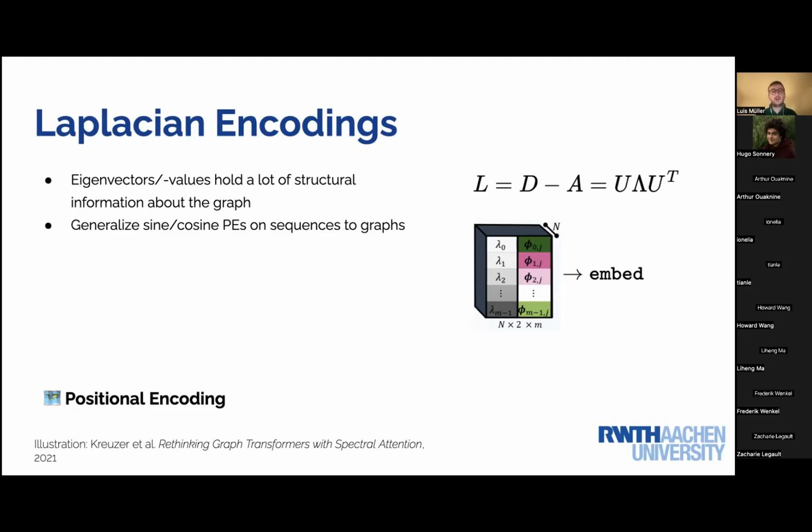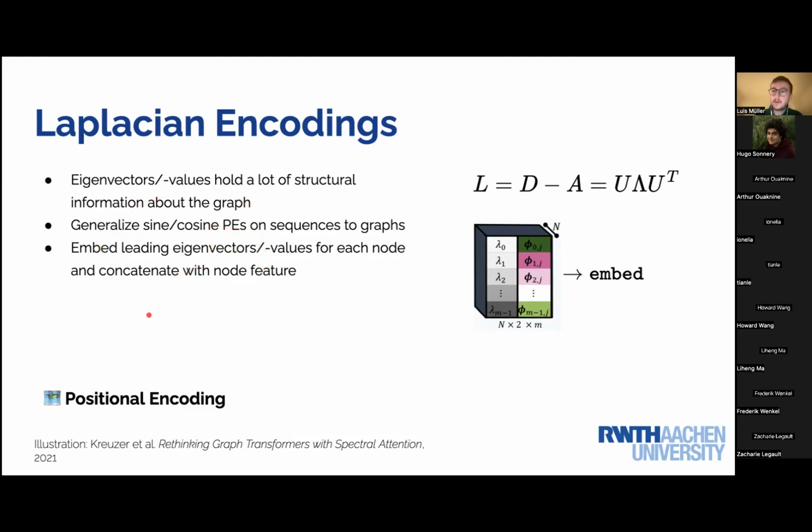And there's also a paper showing that Laplacian encodings naturally generalize the sine and cosine positional encodings that we know from language or vision. Yes, so this is just another description of what we're doing. We're embedding the eigenvectors and eigenvalues as a positional encoding, and then append that to the node features. I guess you're all familiar with how that works, so I will not go too deep into that technicality.